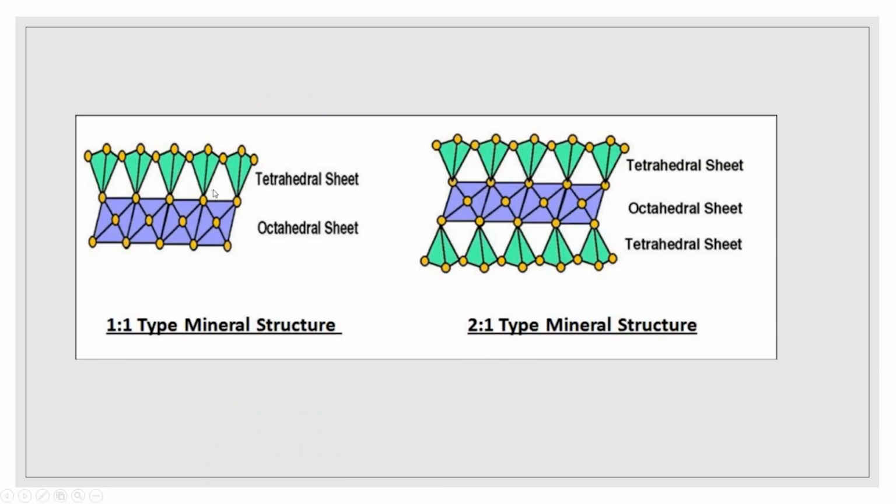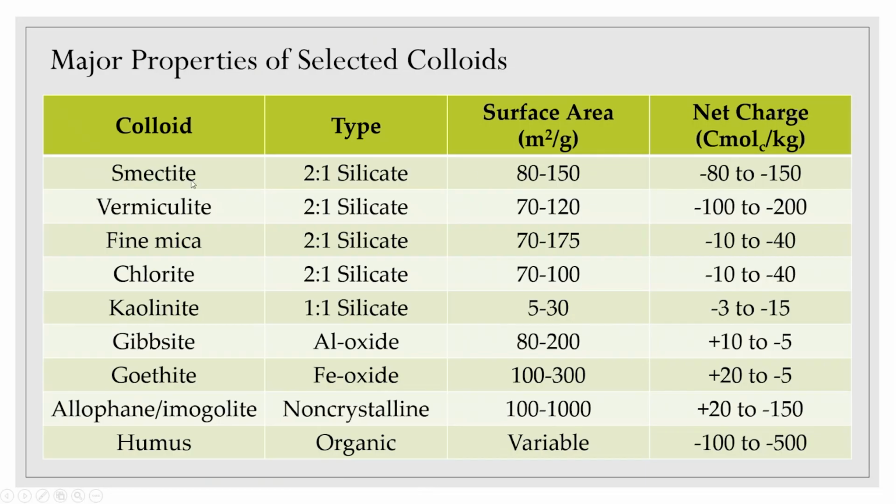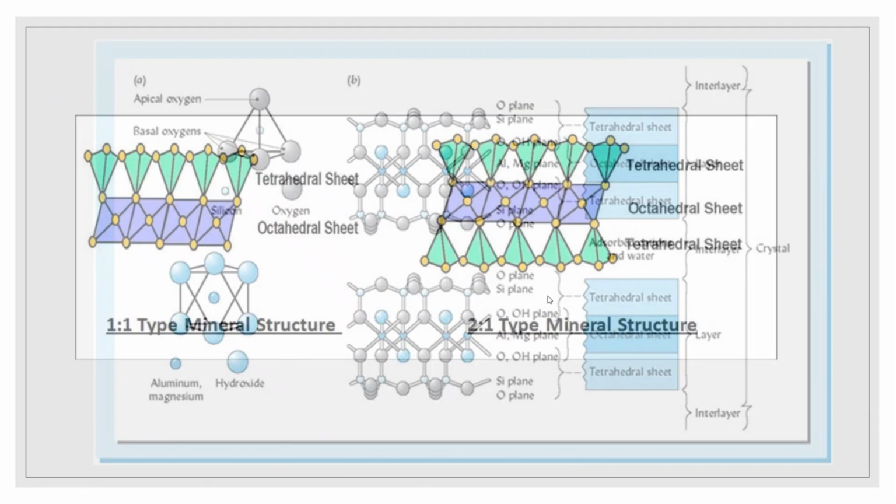And so you remember from our table, these are our smectites and vermiculites, our 2-to-1 silicates. Notice how much greater that net charge is compared to our kaolinite. And that's because they can expand slightly and increase that surface area. Notice the surface area difference as well.